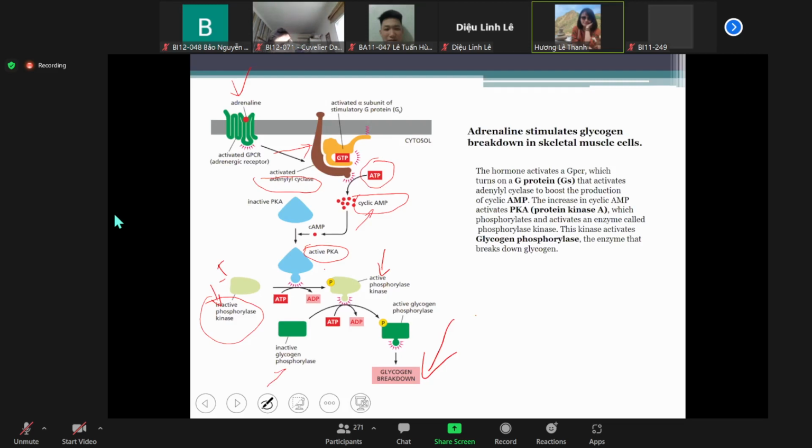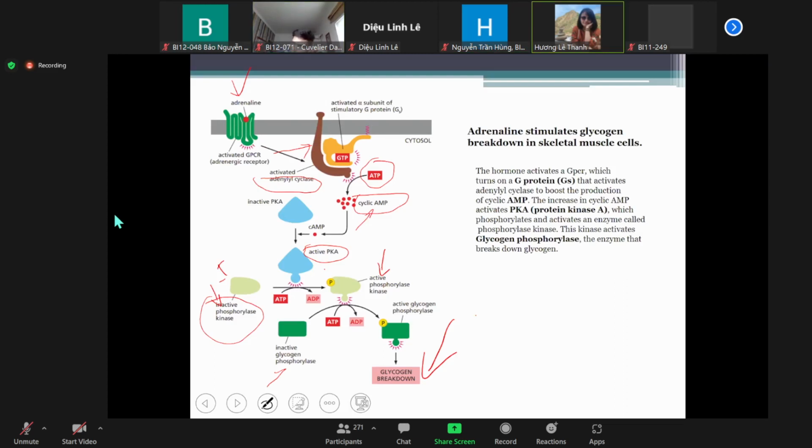So do you think this process is very slow or very quick? Do you think it's quick or slow? It seems really complicated, right? Obviously quick. It must be quick.